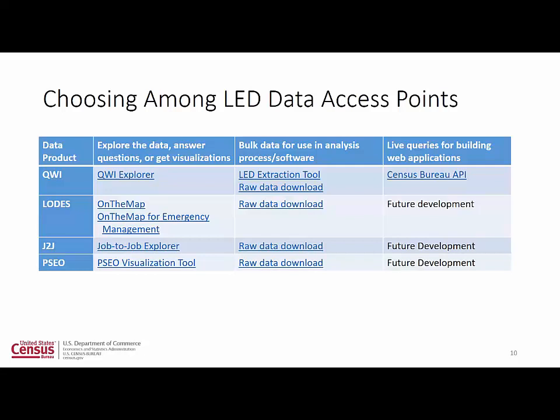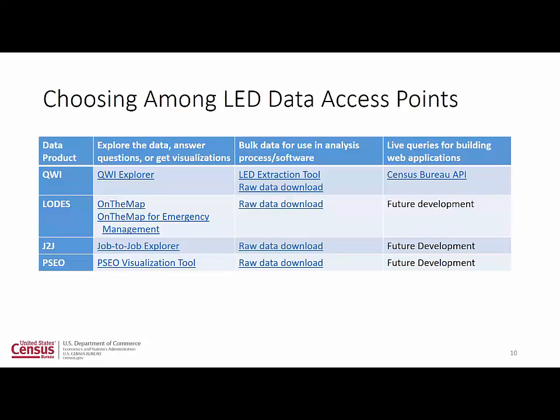One is through our raw data download, where we just give you the so-called flat files. They're just CSVs, comma-separated variable files, and you can download them in whole or in part. And then you can also access the raw data through the LED extraction tool.